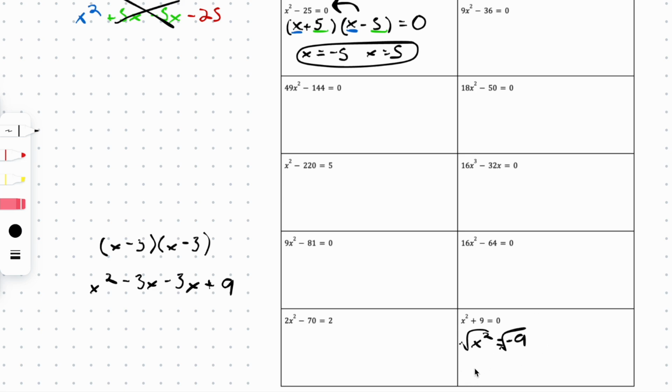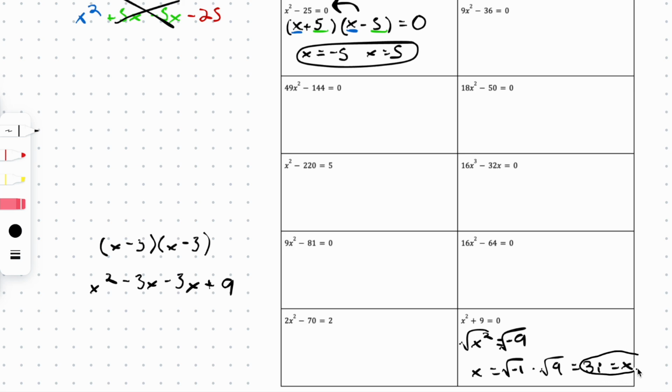But the square root of x squared is x. And I'm going to separate this into the square root of -1 times the square root of 9. Well, what's the square root of 9? That's going to be 3. And you don't know this yet, but the square root of -1 is i.